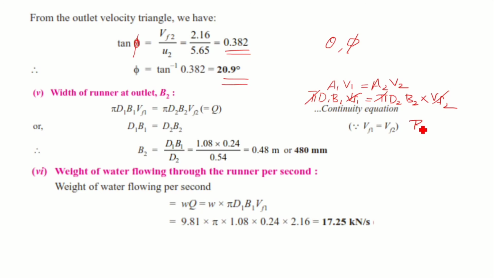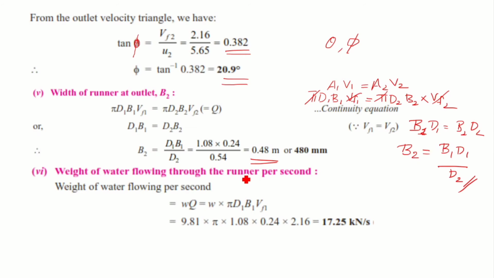So the remaining is B1 D1 equal to B2 D2. So we need to find B2, the width of the runner blade at the outlet. B2 is equal to B1 D1 divided by D2, which is 1.08 into 0.24 divided by 0.54, gives 0.48 meter.